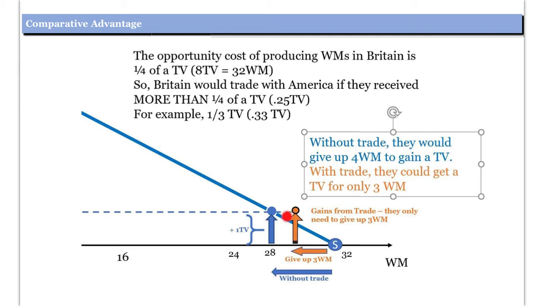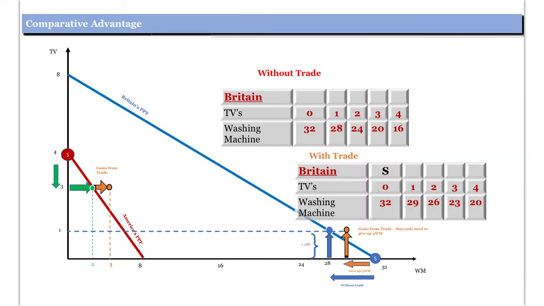So that is going to be the gain from trade, the difference between what they would do internally and the fact that they can consume again beyond their PPF. Looking at the table, we see that without trade, Britain would start with 32 washing machines down here, specializing here. They would give up 4 each time in order to get their televisions, so they'd be moving up their PPF.